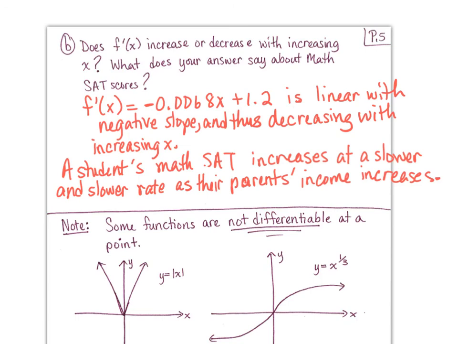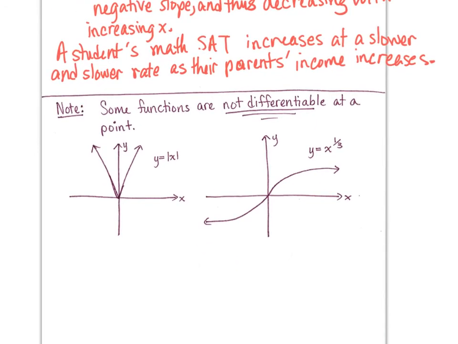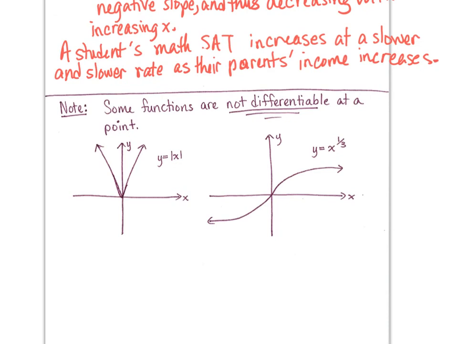You have some functions that are not differentiable at a specific point. Consider y equals the absolute value of x. This is not differentiable at 0, okay? Remember, the absolute value function is defined as x if x is greater than or equal to 0, and negative x if x is less than 0.